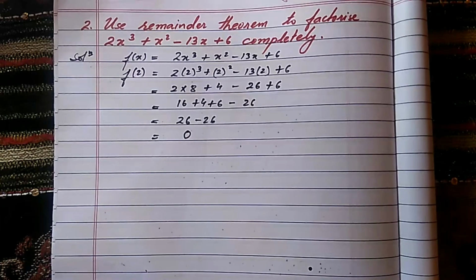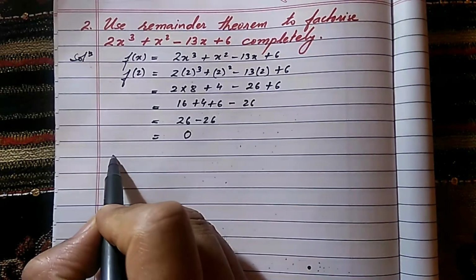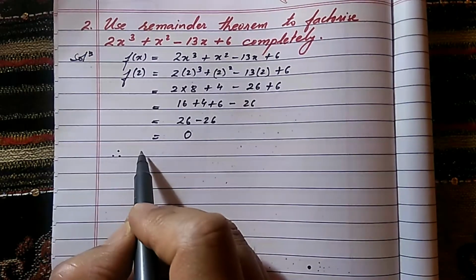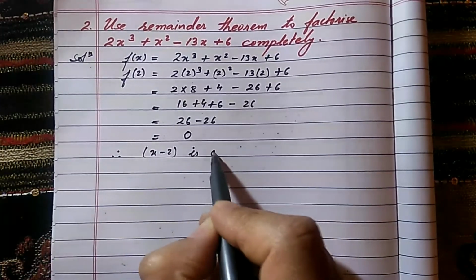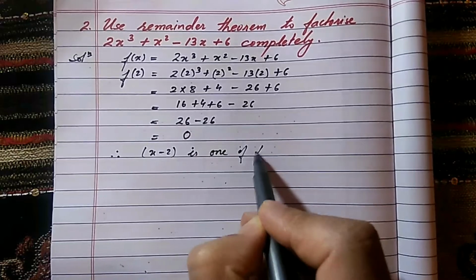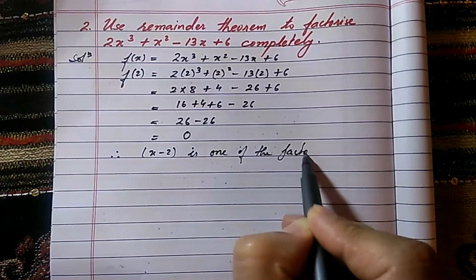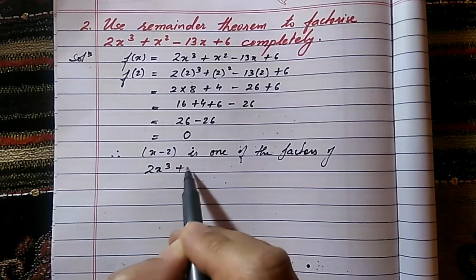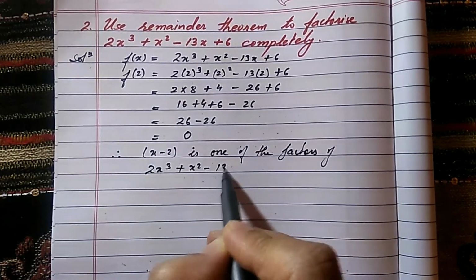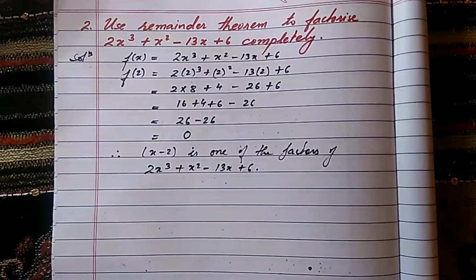So now, since 2 results in the polynomial giving an answer 0, we can write therefore x minus 2 is one of the factors of 2x cubed plus x square minus 13x plus 6.